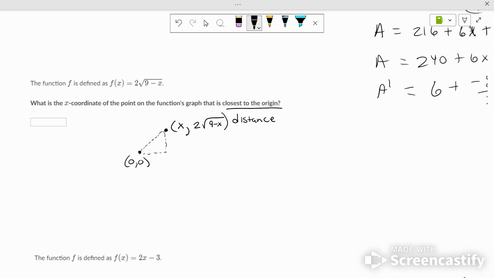I think I'm going to use the distance formula here. So the distance formula equals the square root of x2 minus x1, this minus this, x minus 0, squared, plus y2 minus y1 squared.